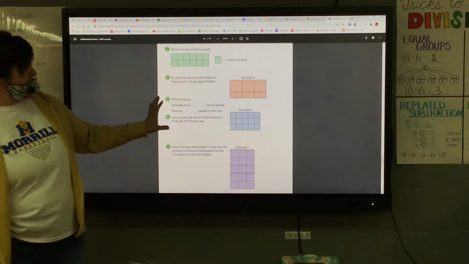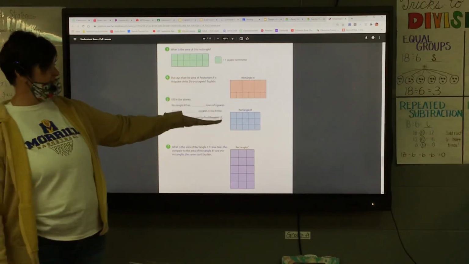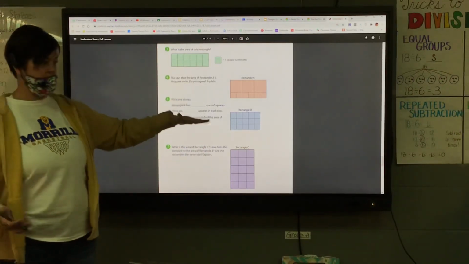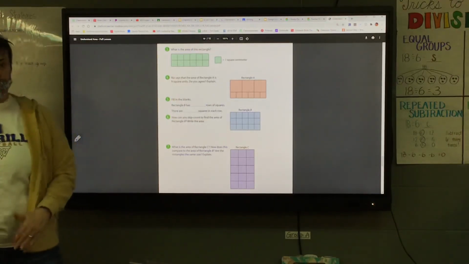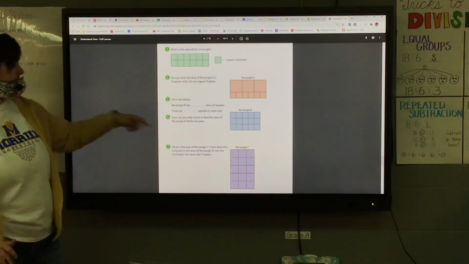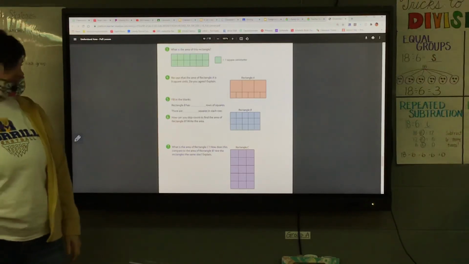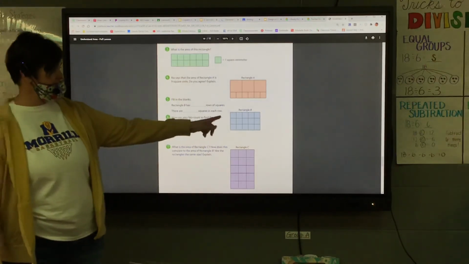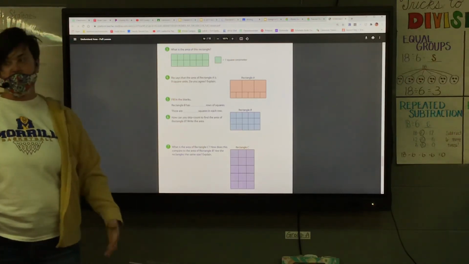Look at 5. 5 goes with rectangle B. You're going to count how many rows, like we do arrays, how many rows there are, and then how many squares are in each row. Just like we did arrays. 6, they want you to answer how you can skip count to find the area of rectangle B. So you could skip count by 3s, or there's an easier way.